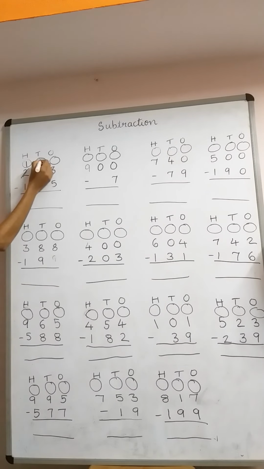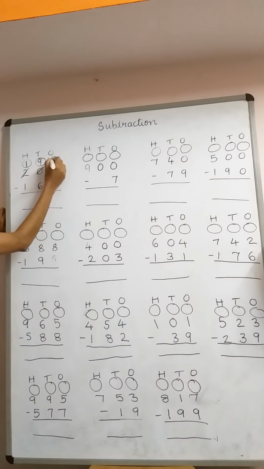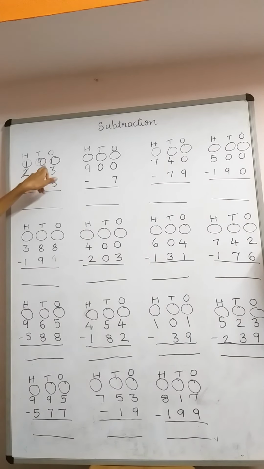And here in the tens place, you should write 9. And borrow 1. Now you can take 1 to the ones place. So, here 1 has been borrowed. So, here it is 1, strike 3 and make the number 13.